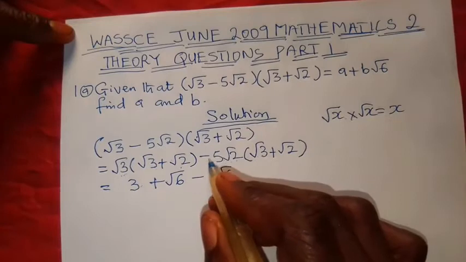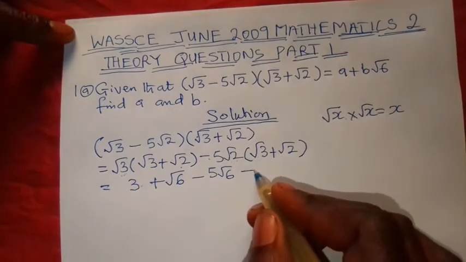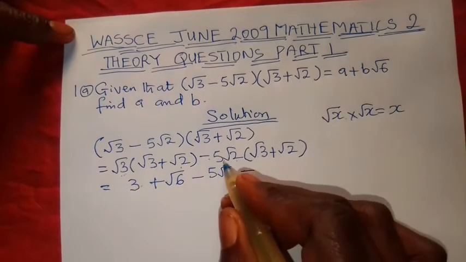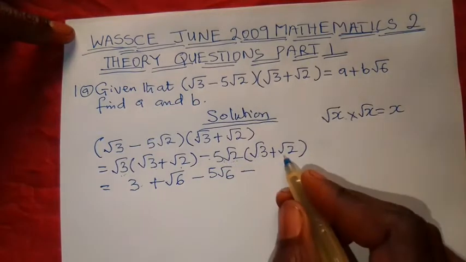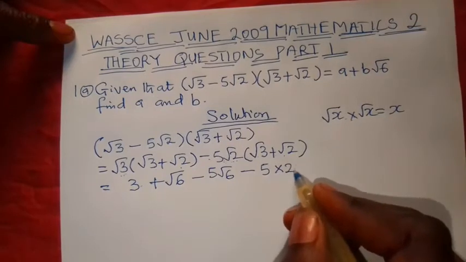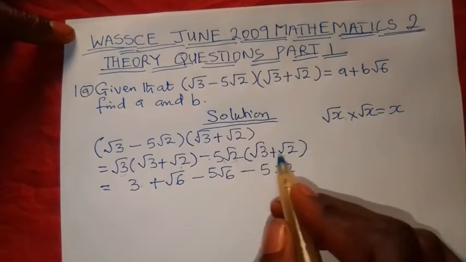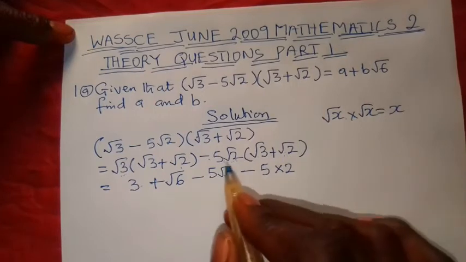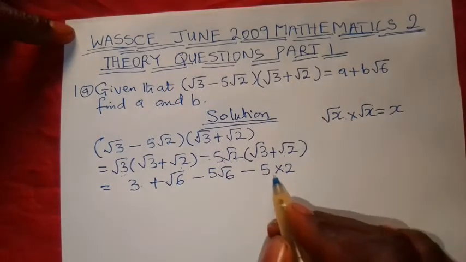Then minus times plus will give us minus, then 5√2 times √2 will give us 5 multiplied by 2. Take note that √2 times √2 is 2. Then we use it to multiply this 5, and that's why the result is like this.